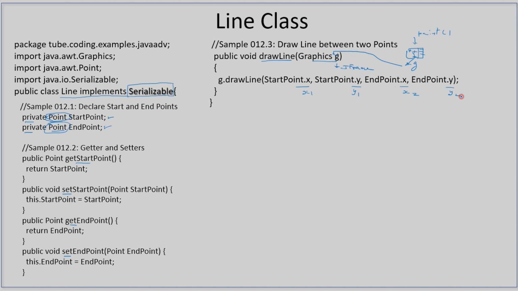This is sufficient to draw a line. Our line class itself performs the line drawing when you make a call to draw line. Here we haven't done any validation, and since it's a demo, we are going with plain and simple coding.